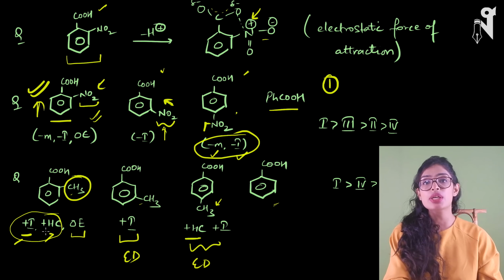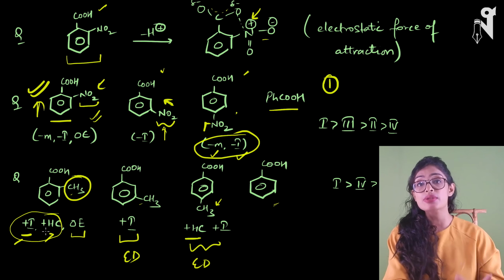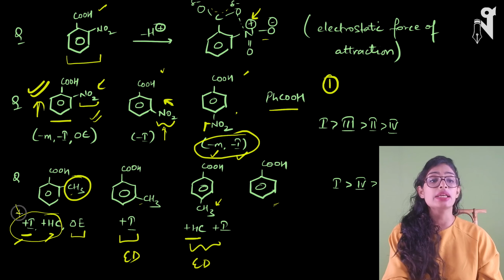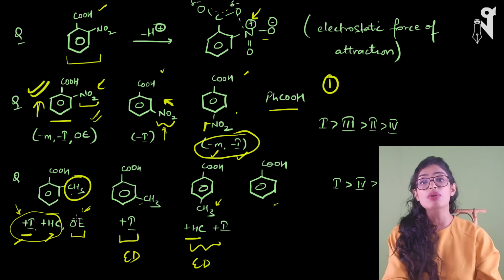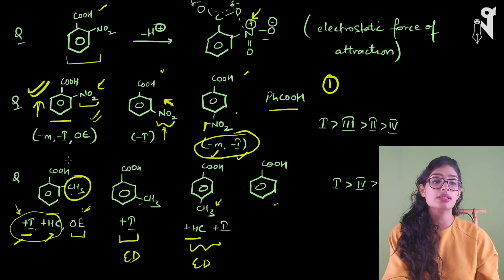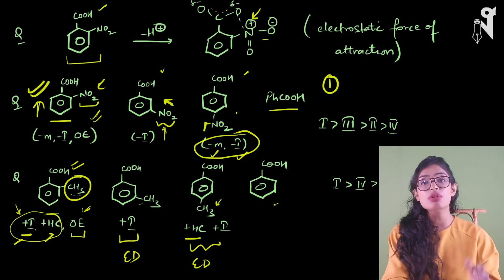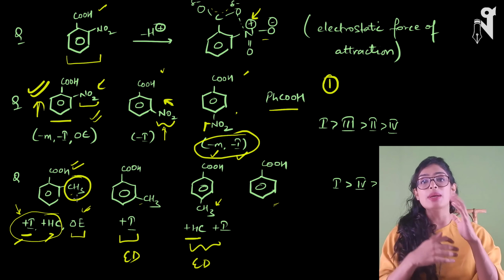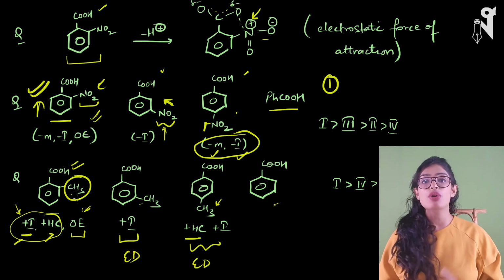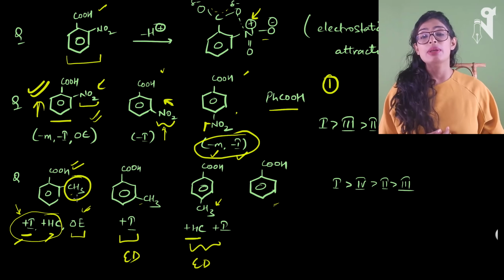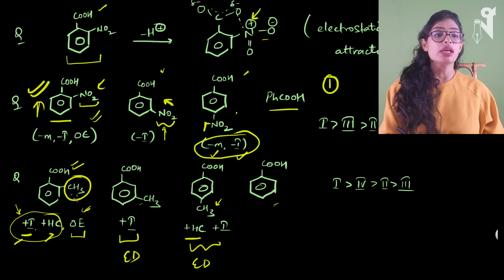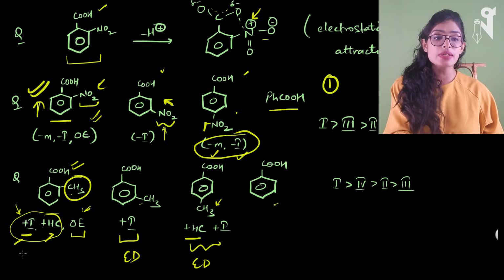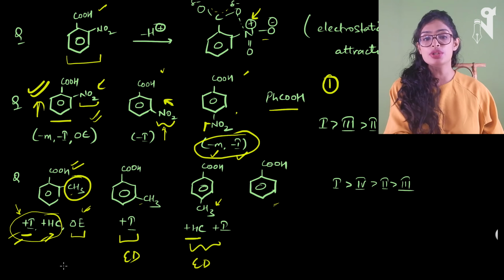Hyperconjugation will not work over here because it requires resonance, and plus I does show its impact, but the ortho effect is making this COOH go out of the plane and hence making this OH much more acidic. O will carry a positive charge and there will be no back supply of electrons. That's why this O will be desperate to kick out hydrogen and it will be more acidic. So this is going to be more acidic irrespective of plus I and plus hyperconjugation.